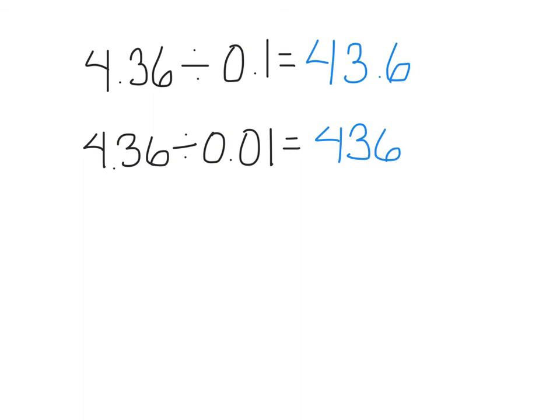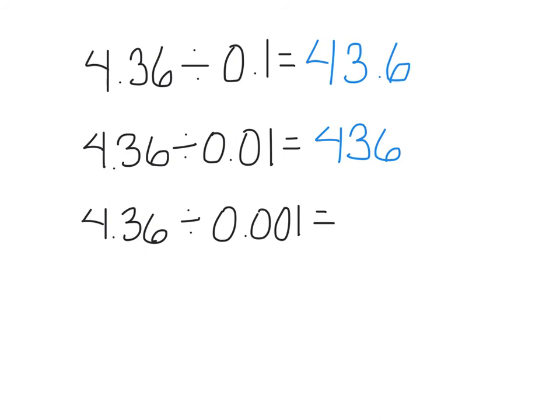For the next example, they have 4.36, this time divided by 1/1,000. So we know we're going to count the decimal places. 1, 2, 3. We're going to move our decimal 3 places. We need to put in a placeholder over there.